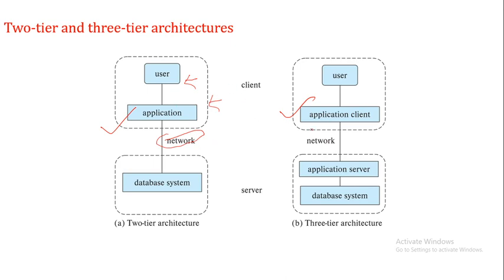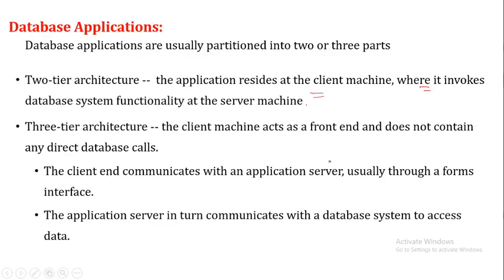But in the three-tier architecture, the client will have only an interface, and the application will be stored inside the application server. A user will be accessing the database through the interface, but it has to pass through the application server. This is all mentioned over here.